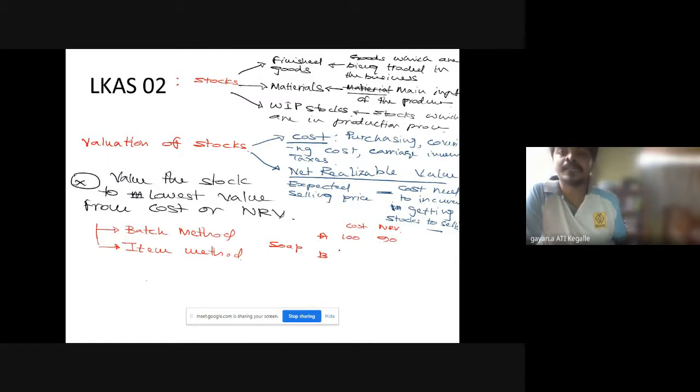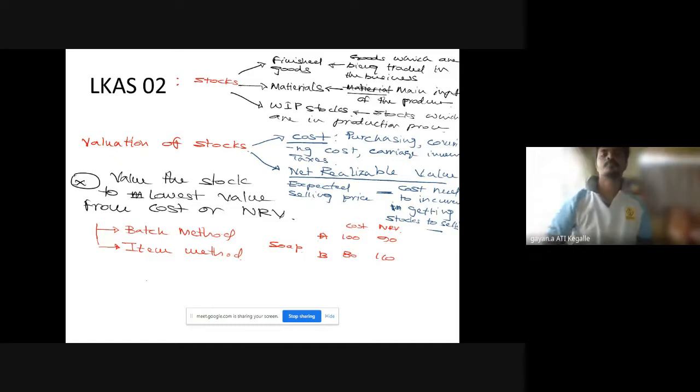Cost of B is 80, net realizable value 110. If we are using the item method or item base, I will show how to do this valuation. අපි මොකක්ද දැන් මෙතන කරන්න ඕනේ?